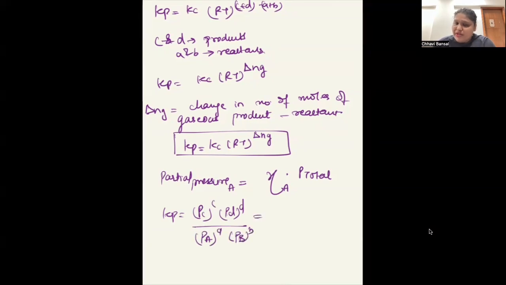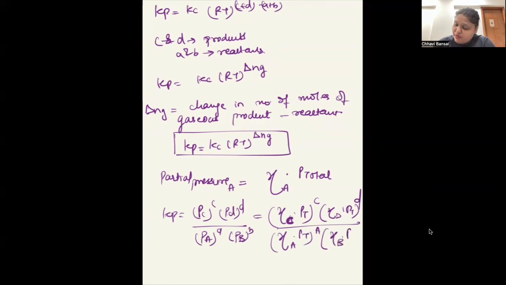Now, can I write the partial pressure of C as the mole fraction of C into P total, raised to power C, the mole fraction of D into P total raised to power D, the mole fraction of A into Pt raised to power A, and the mole fraction of B into Pt raised to power B? Again, let me take Pt common. So Xc raised to power C, Xd raised to power D, upon Xa raised to power A, Xb raised to power B, into P total raised to (C plus D) minus (A plus B).